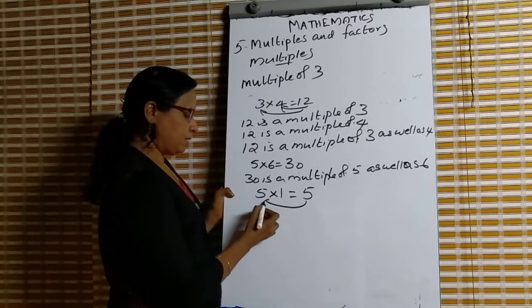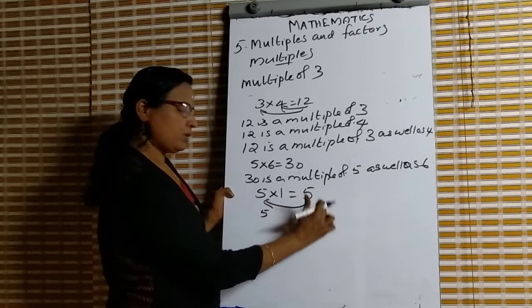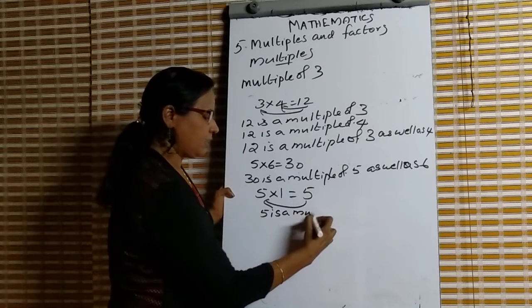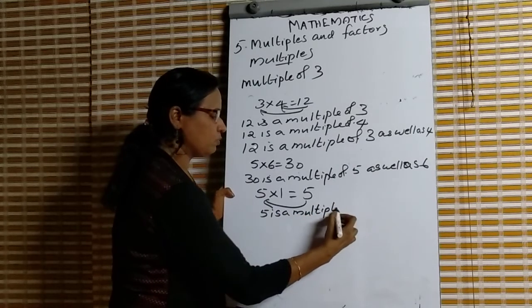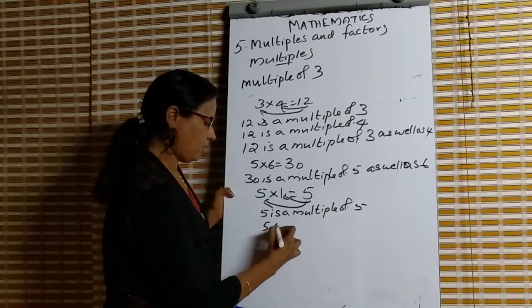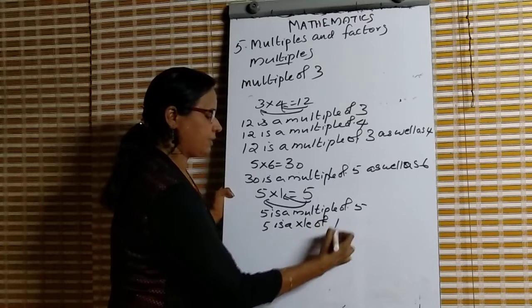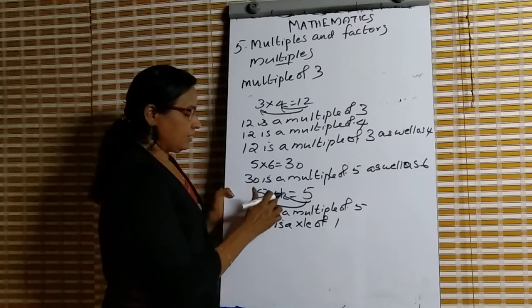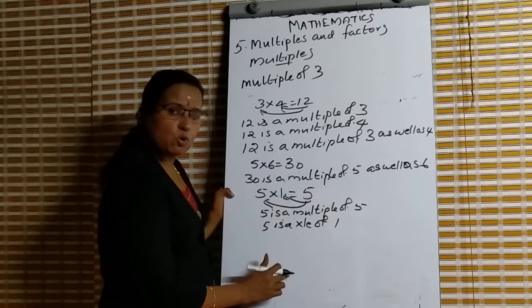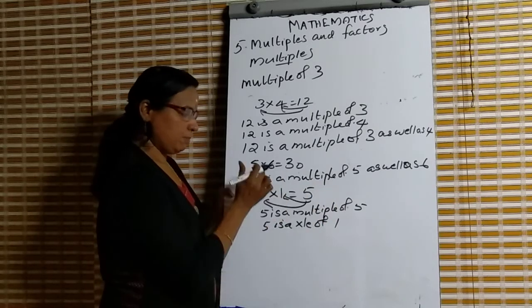Now listen. 5 into 1 is equal to 5. Here 5 is a multiple of 5, and 5 is a multiple of 1.